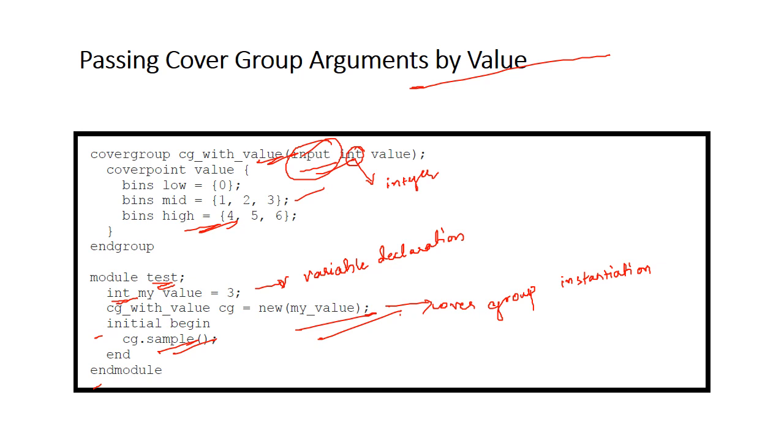So this is a program example which is going to clearly showcase how a cover group argument can be passed by value. To summarize, the code defines a cover group, cg_with_value, that takes an integer value as an input.